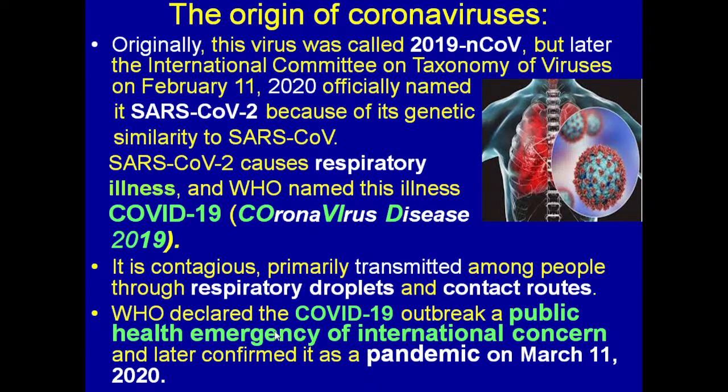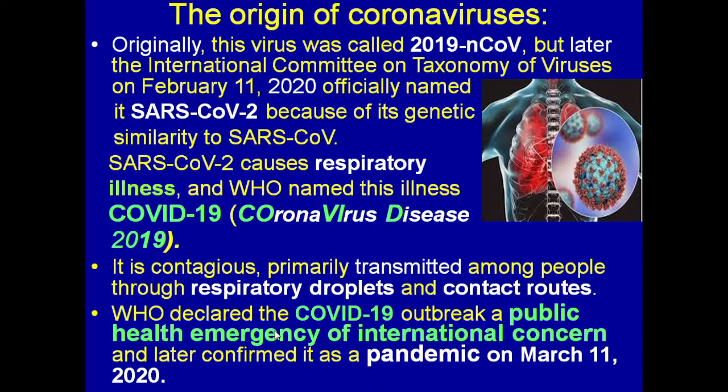It is highly contagious and primarily transmitted among people through respiratory droplets. But even within respiratory droplets, there is a difference between small respiratory droplets and large respiratory droplets that we will discuss later on. But also, it is spread through contact routes.